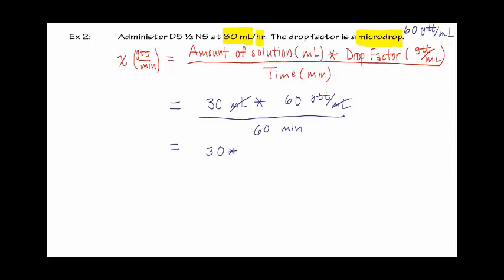But instead of multiplying 30 times 60 to get 1800, we see that we have a 60 in the numerator and a 60 in the denominator. So those will divide into each other, leaving us with X equals 30 drops per minute as our final answer.